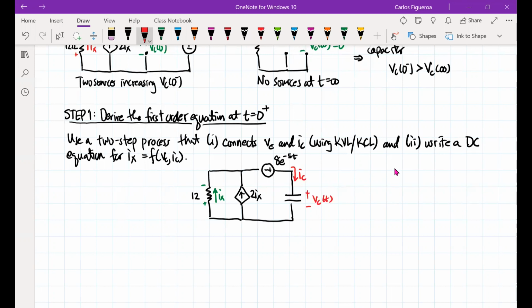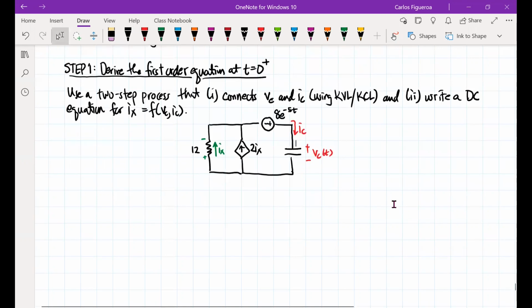So now what I'm going to do is determine my Ic, my DC, and I have to connect Vc and Ic. So here I go. The first thing that I'm going to do is I'm actually going to go after the DC first.